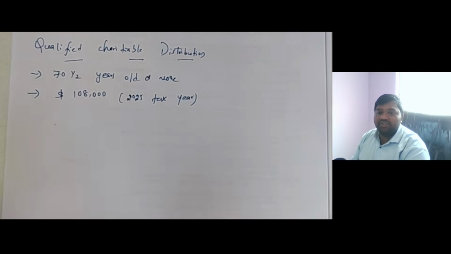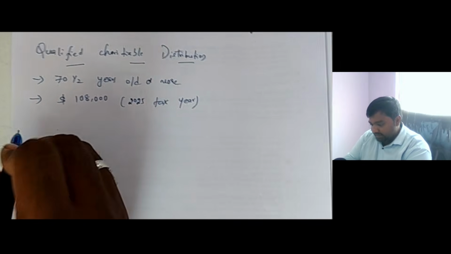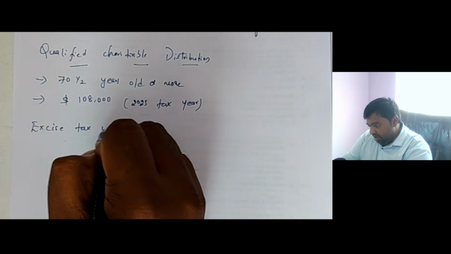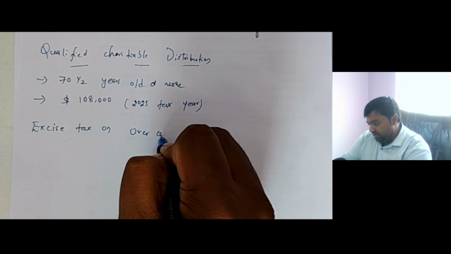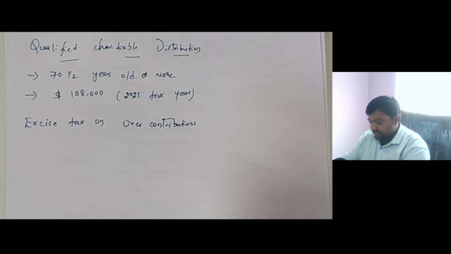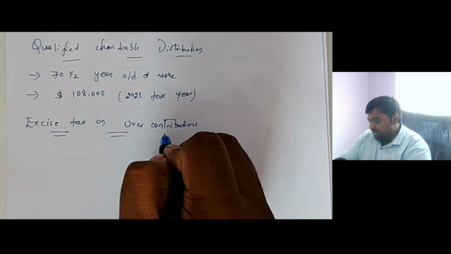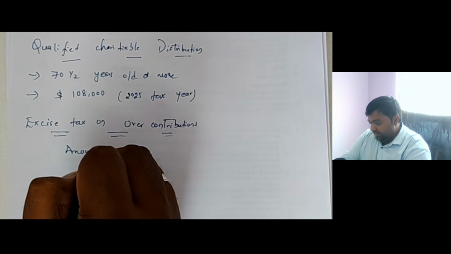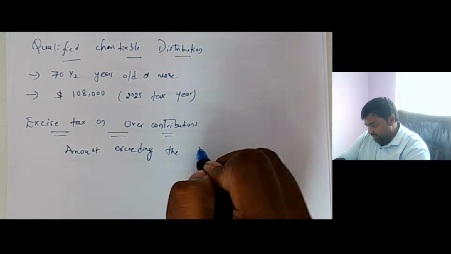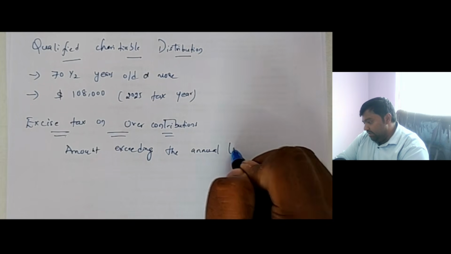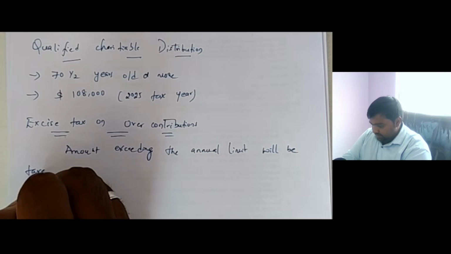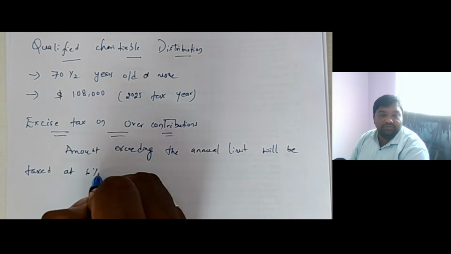So what happens if you contribute more than that limit? There is something called excise tax on over contributions to your retirement accounts. What is this excise tax? The amount by which you exceed the annual limit will be taxed at 6%.